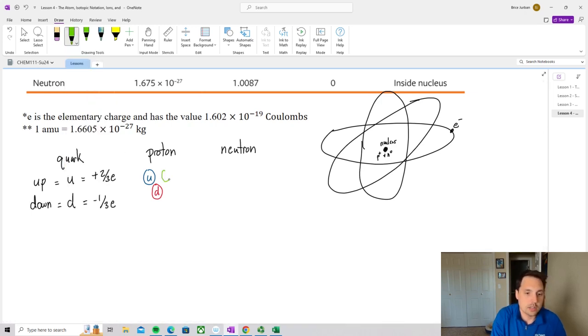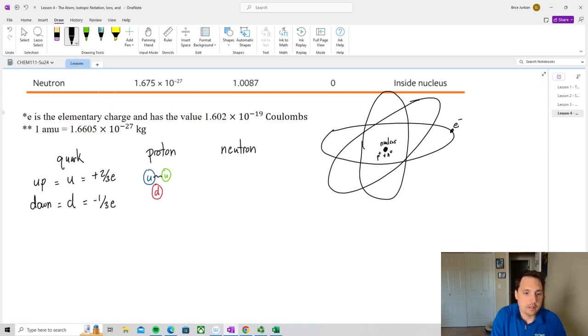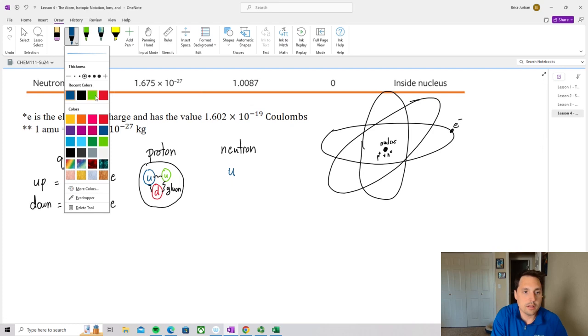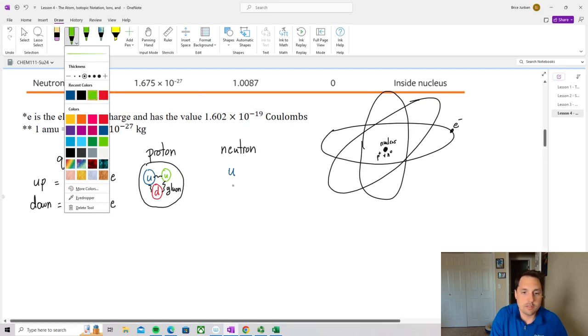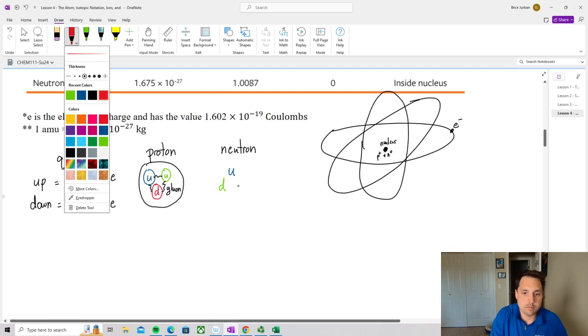And each of these quarks has a color component. They're held together by gluons. Those are the strong forces holding these quarks together. And this would be 1 proton. Okay. And then for the neutron, we have the same kind of deal here. So we're going to do our up. But now in this case, we're going to have 2 down quarks and 1 up quark.